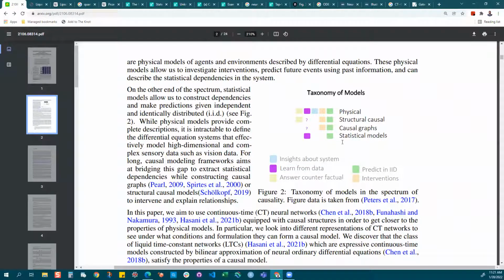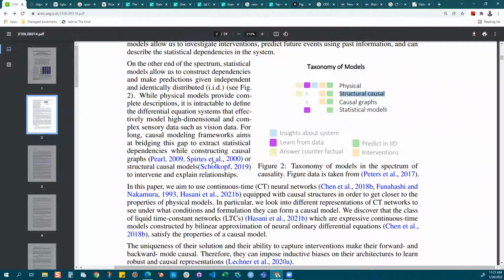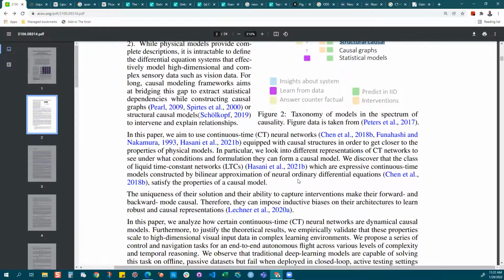In this paper, what they basically use is structural causal models, because they also talk about counterfactuals and different directions in causality as well. And they have a lot of references to very good works by Pearl and Spitzer and Scholkopf, who are very knowledgeable people in causal structural models, and they have provided very good insights in this field as well.